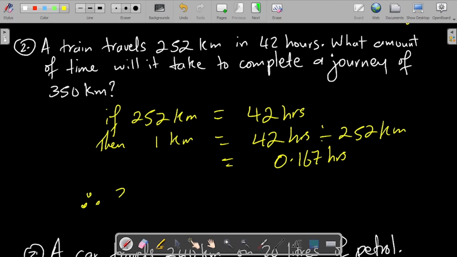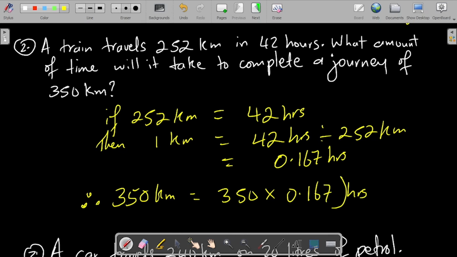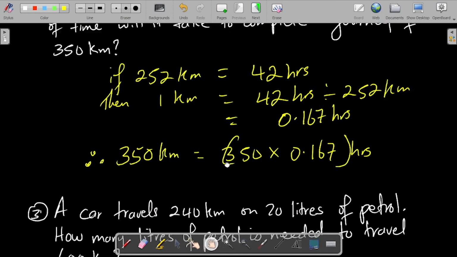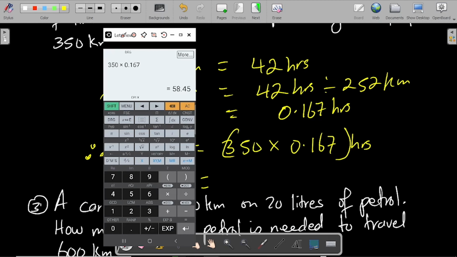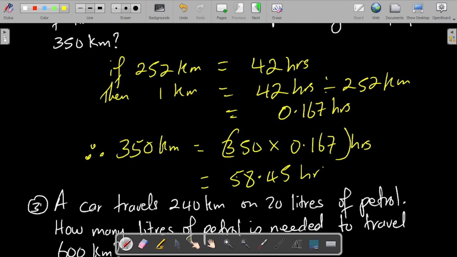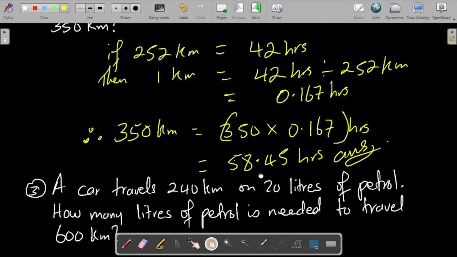Therefore 350 kilometers would be equal to 350 times 0.167 hours. And that would make our answer 58.45 hours. That's how long it would take to travel 350 kilometers.